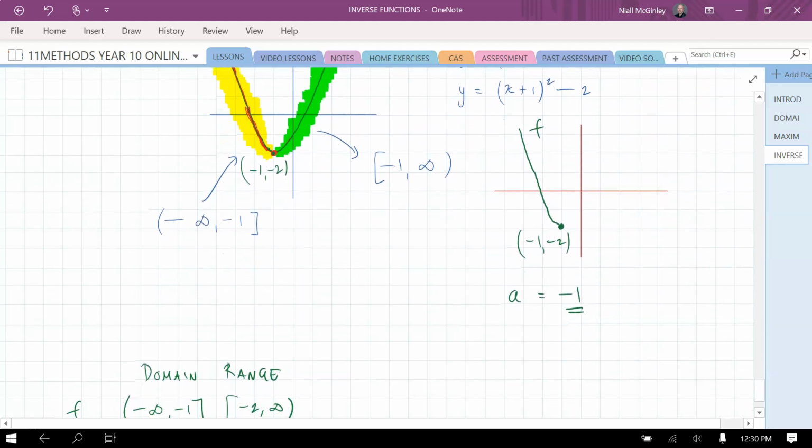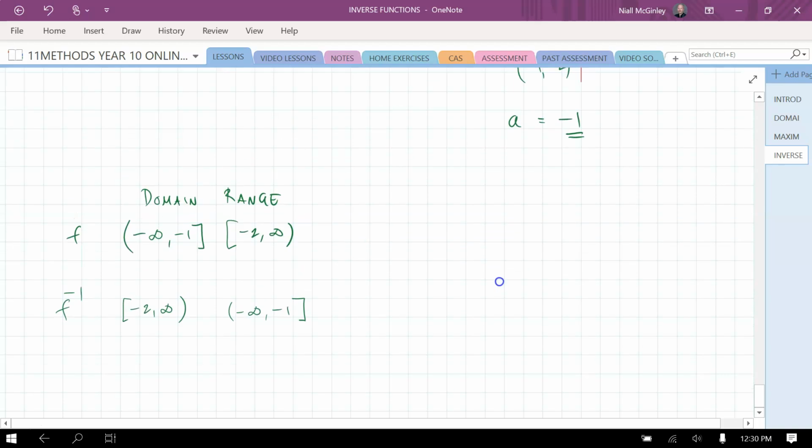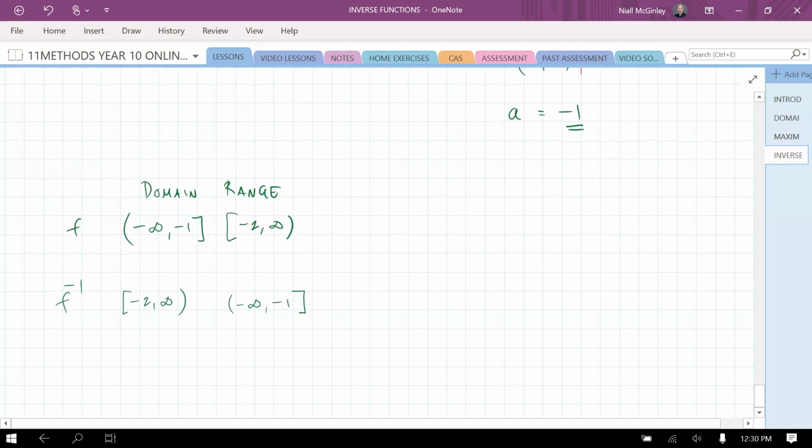So we're going to use x plus 1 squared minus 2. We write down y equals x plus 1 squared minus 2. Now when we interchange the x and the y, we will be able to make y the subject because we've only got one y in here.